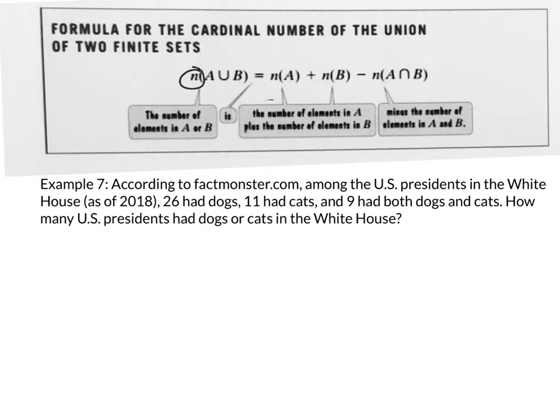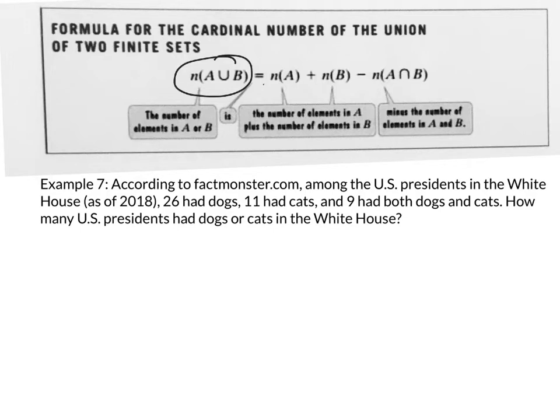So that little n means number of. Little n always means number of something, no matter what math you're studying. So number of, the cardinality. If you want the number in the union of two sets, that is what this formula is designed to give us.